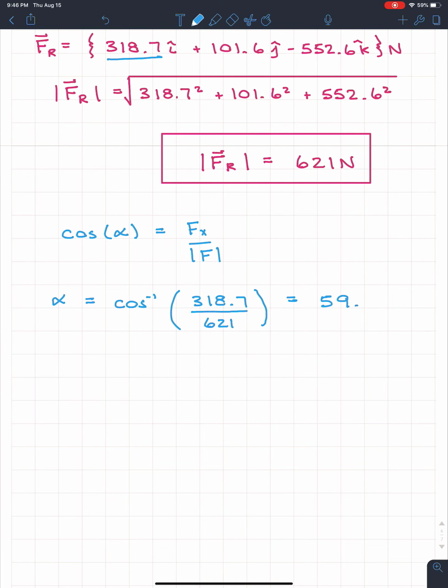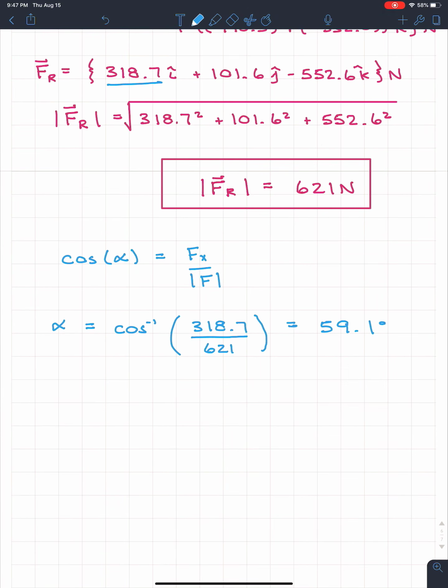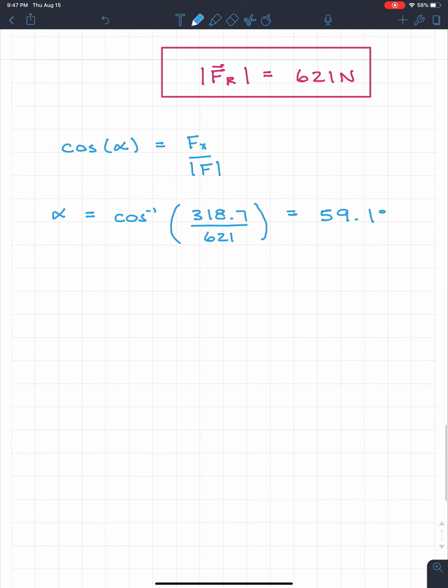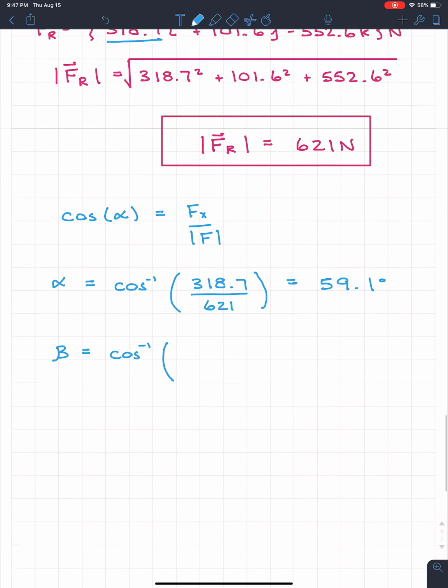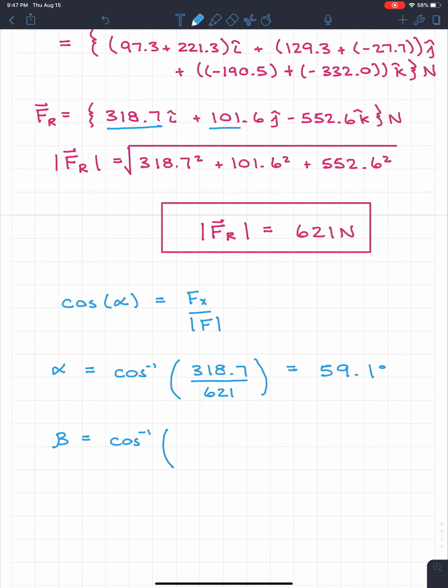So again, this is less than 90 degrees. So this will be a positive value, which again, the 318.7 is positive. It's just a little check. We're good to go. Similarly, we can go beta is equal to inverse cosine. We want the y component, which in this case is 101.6.